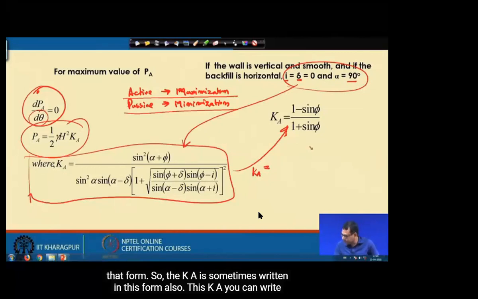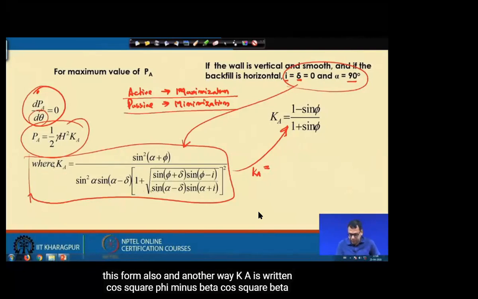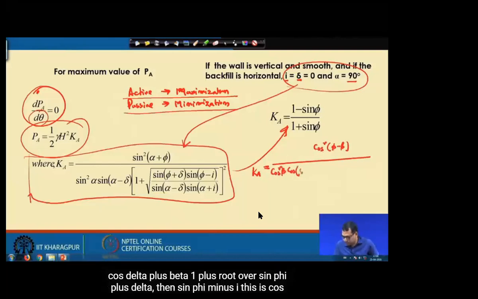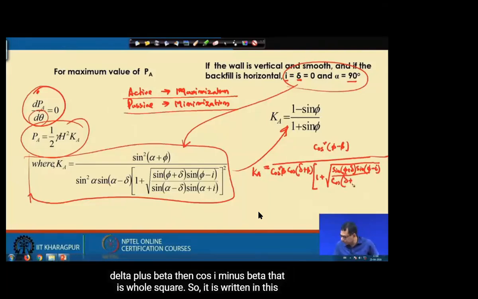Another way K is written is cos square phi minus beta, over cos square beta cos delta plus beta, times 1 plus root over sin phi plus delta, sin phi minus I, over cos delta plus beta, cos I minus beta, that whole square.